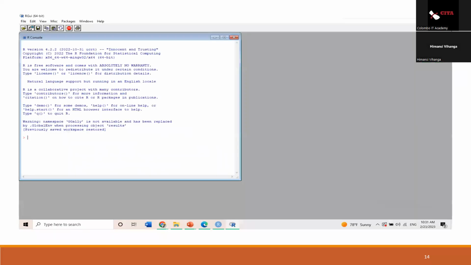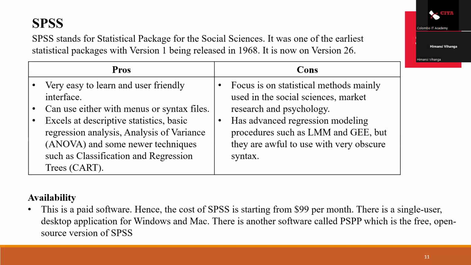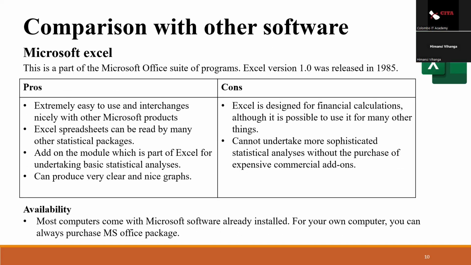So starting from the first statistical software, which is Microsoft Excel. I think all of you have either heard of it or used it at some point of your time. This Microsoft Excel is a software which comes in the Microsoft Office suite of programs.